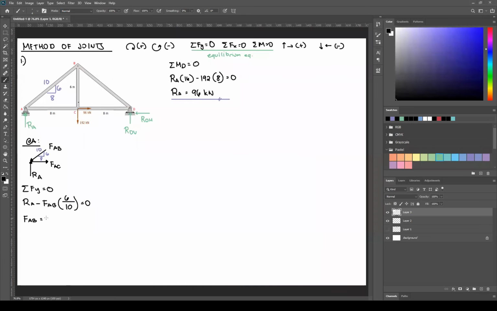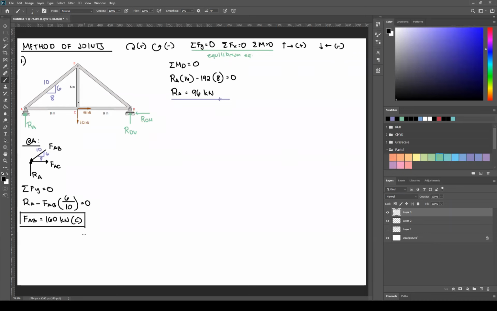The answer is 160. As you can see, it's positive, therefore we have a correct assumption for direction. So you can just copy now the unit. Here it's kilonewton. And then look at FAB. FAB is towards the joint, therefore that's compression. So that's the complete answer for internal force on each member.